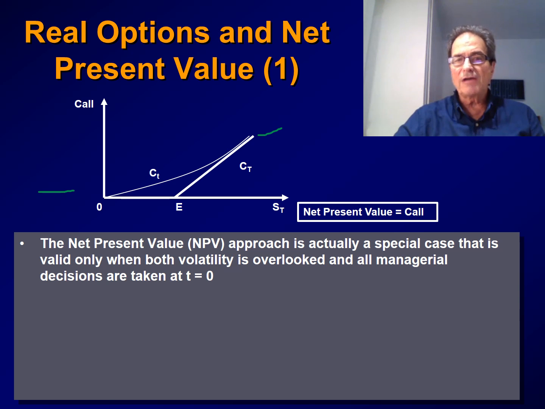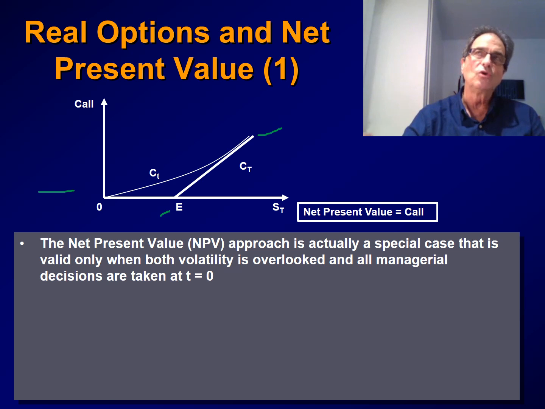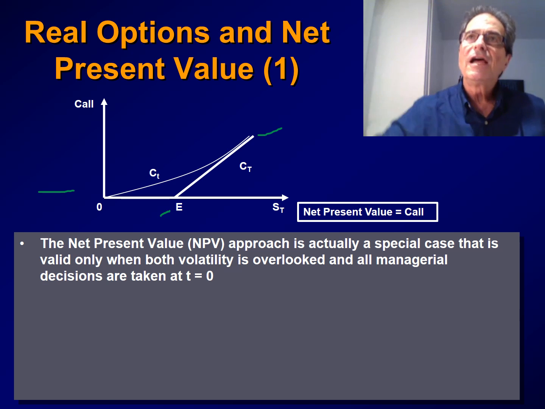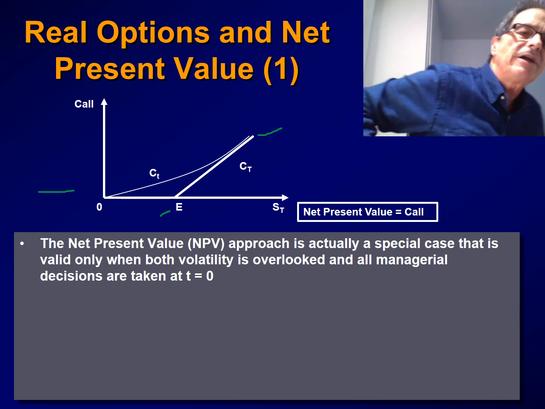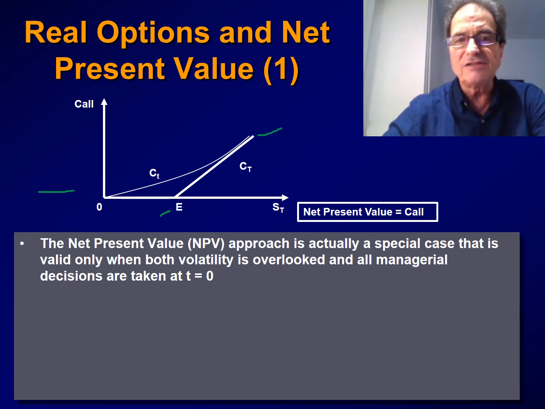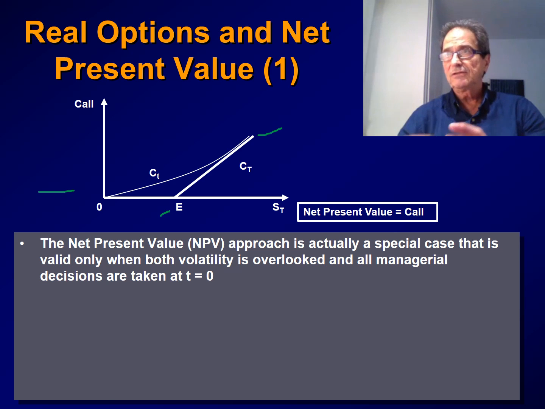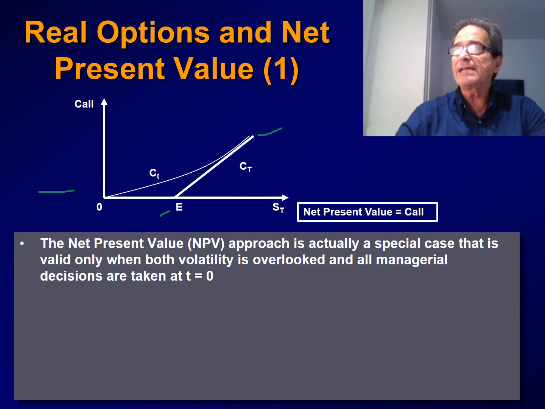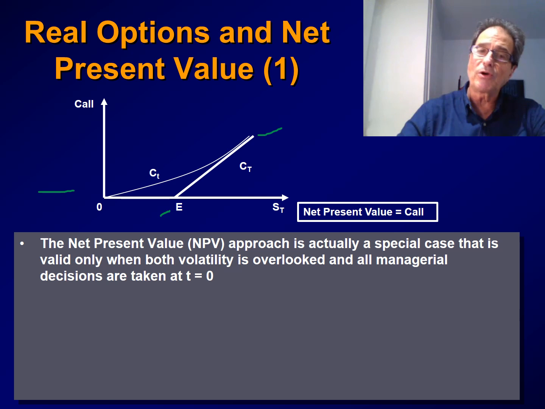If you assume that S is the present value of the project at any moment in time, and E is the investment that you have to make in case you decide to, for instance, develop land. Say that you are thinking about the possibility of deferring development of a land. Well, E is the opportunity cost of the land, so the amount that you have to pay in order to develop the land, and S will be the present value of the project.